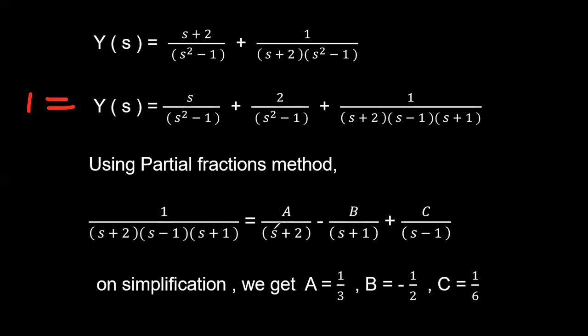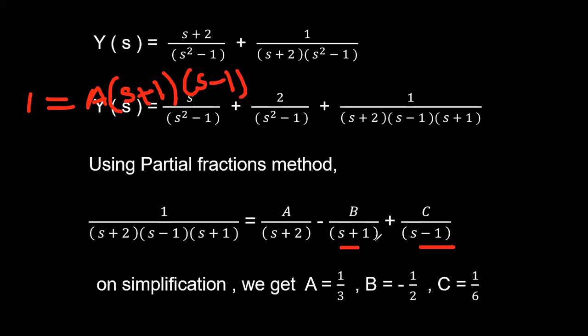So 1 is equal to A multiplied with these two terms. Remove this term; you should not multiply this denominator term. Except this denominator term, you have to multiply the other two denominator terms to A. So that is (s plus 1) into (s minus 1).